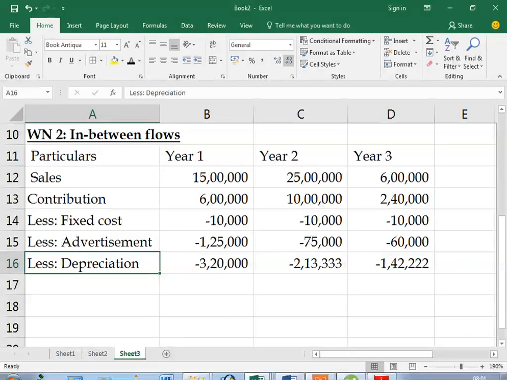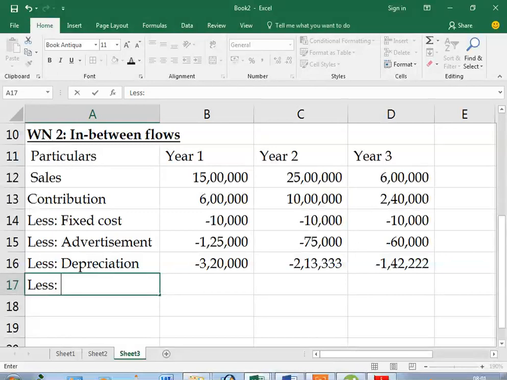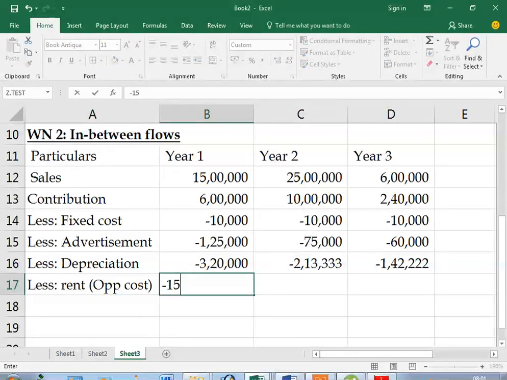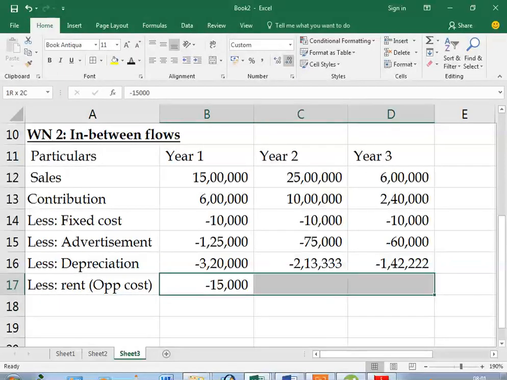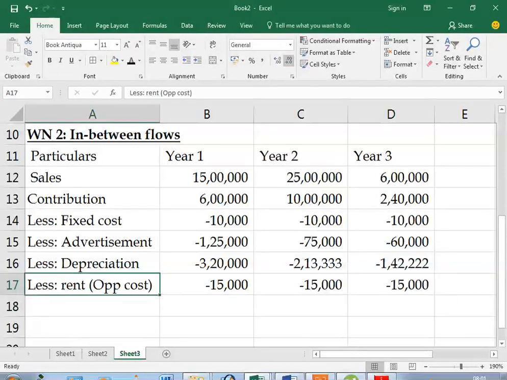So when I start this project, I lose the opportunity of that 15,000. So my opportunity cost is 15,000. It's not 25 minus 15. So less rent in bracket opportunity cost. I lose the opportunity of earning that 15,000. Less rent, opportunity cost 15,000.